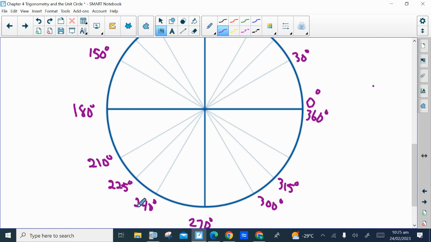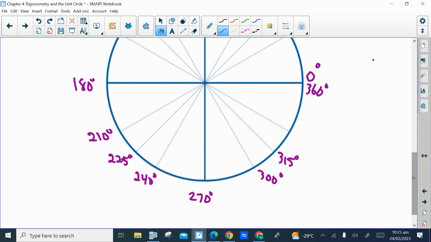Another 30 takes us to 240. Another 30 takes us to 270. Another 30 takes us to 300, which we already have. Another 30 takes us to 330, which is between 315 and 360. And then another 30 takes us to our 360. So this is nothing new for you, going around in multiples of 30 degrees, 45 degrees, 60 degrees, 90 degrees, 180 degrees. That should all be familiar to you.